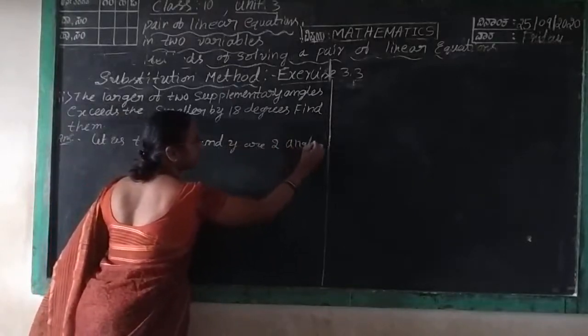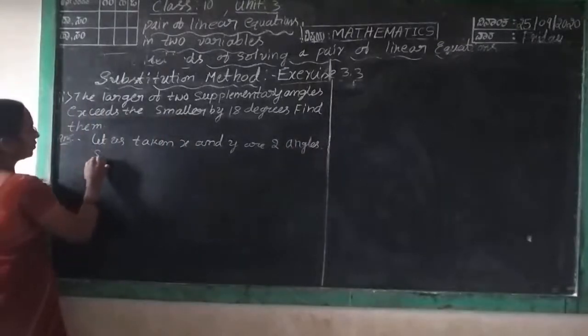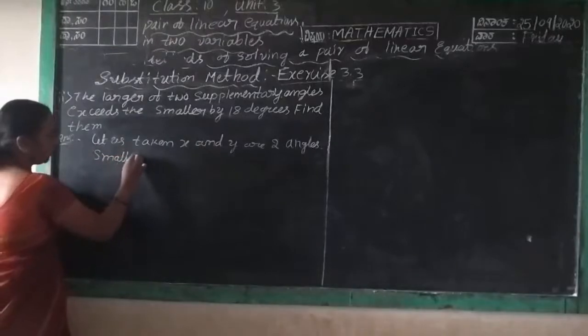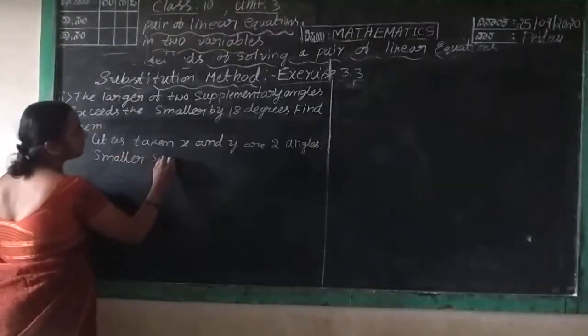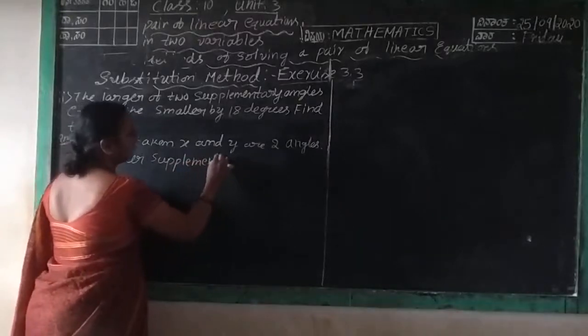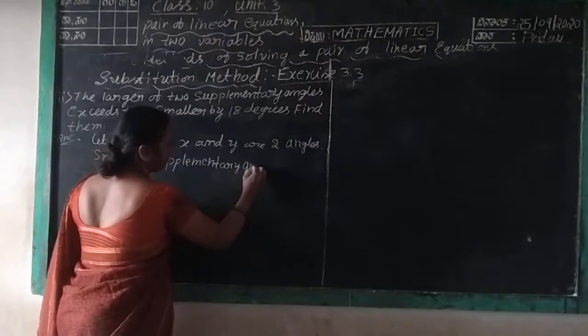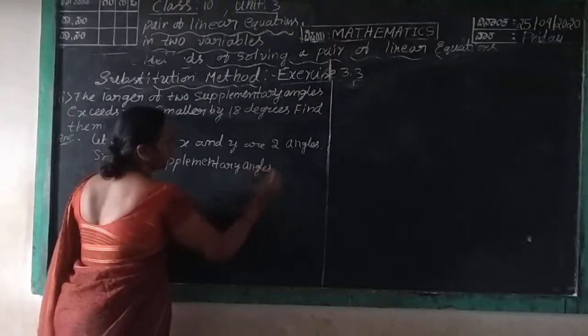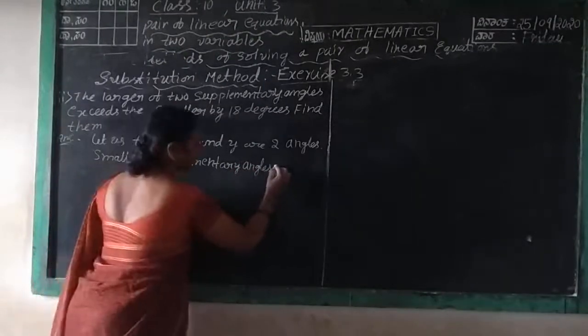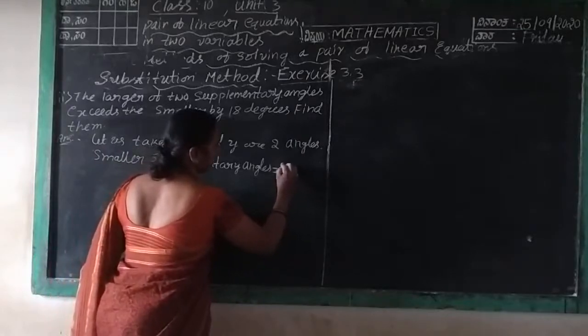The smaller supplementary angle is taken as x degree.